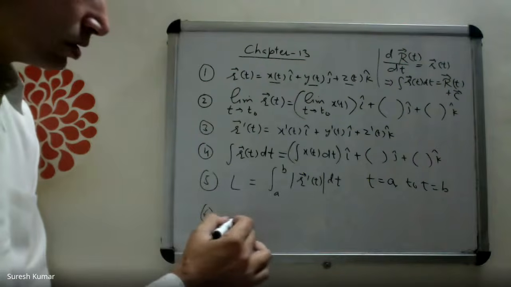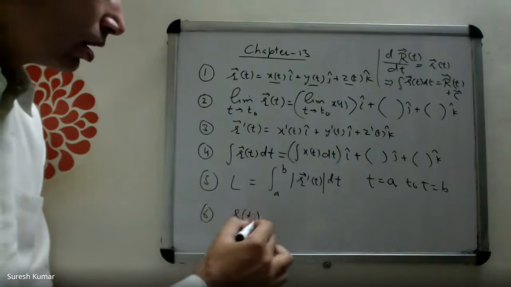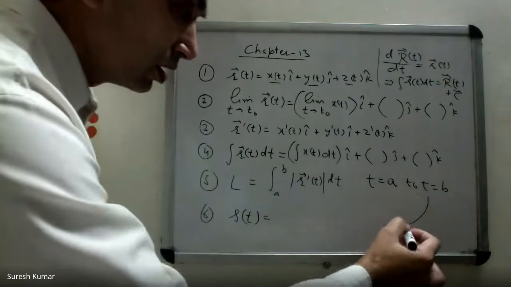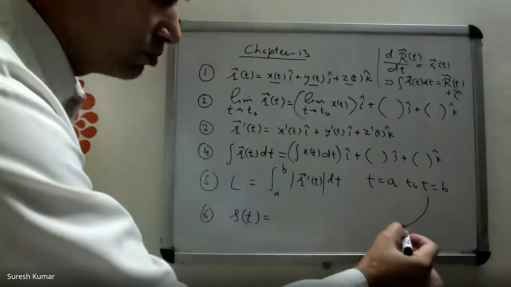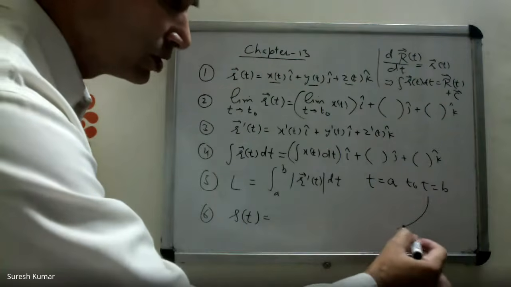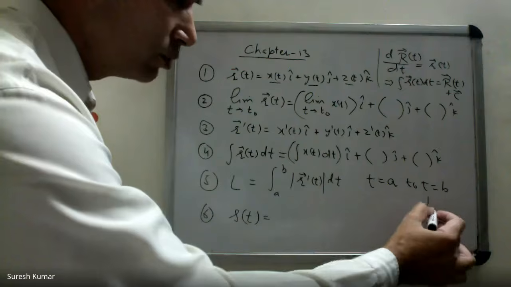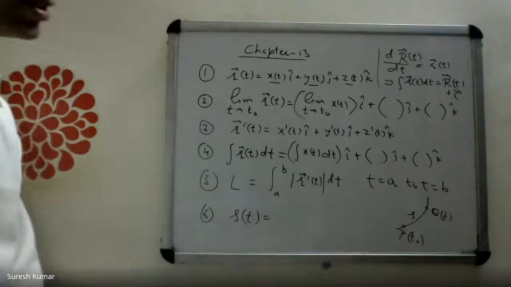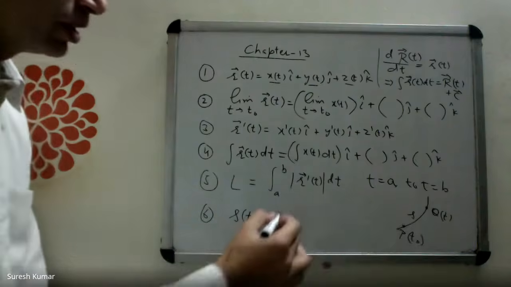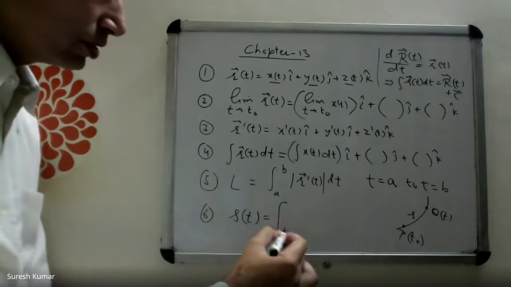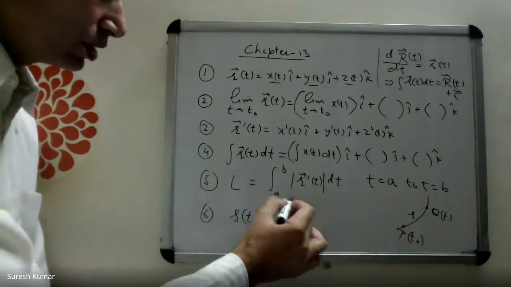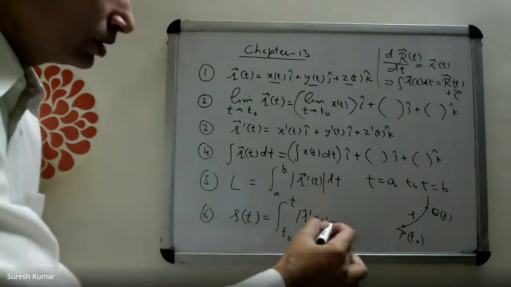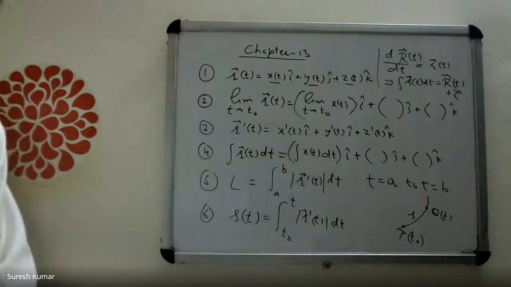Next point, arc length parameter. Arc length parameter means the length of the curve measured from a fixed point, say from t0 to an arbitrary point Q(t). This is denoted by s, so naturally it depends on t. So what is the arc length parameter? Integration t0 to t, same formula, mod r prime t dt.